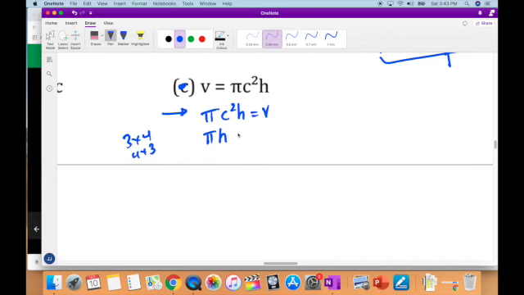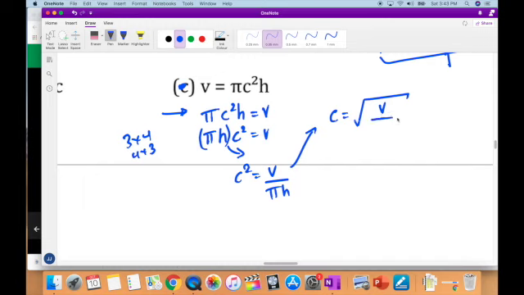I could put pi and h together. Right? And then I could take the pi and the h and transpose them one time. So c squared is equal to v divided by pi h. And then what? Transpose the square. So c is equal to the square root of v over pi h.